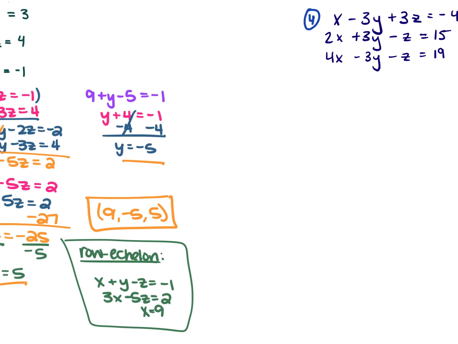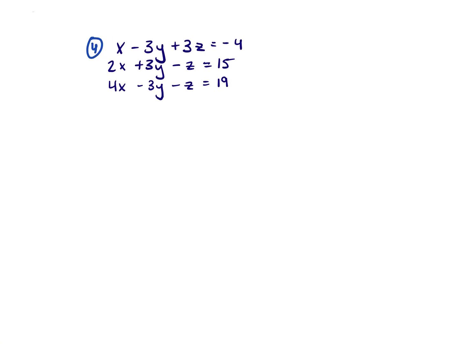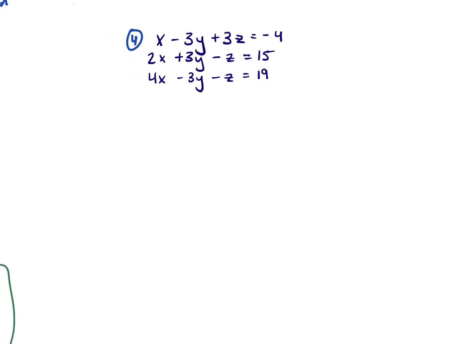If we look at number 4, we have x minus 3y plus 3z is equal to 4, 2x plus 3y minus z is equal to 15, and 4x minus 3y minus z is equal to 19. In this case, your y's are all opposites or the same term. So we're going to start by taking the first two equations and eliminating the y.